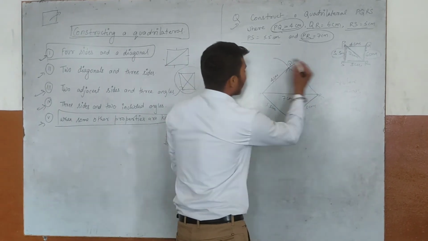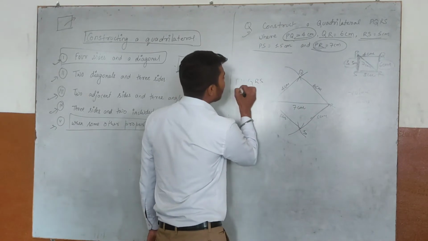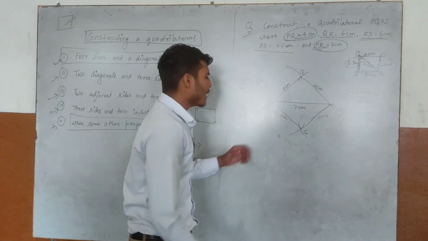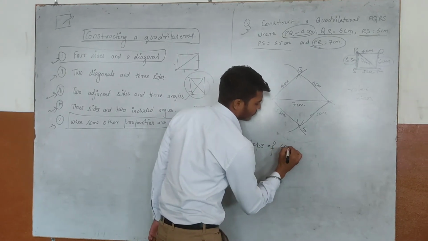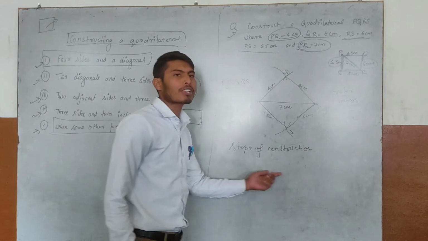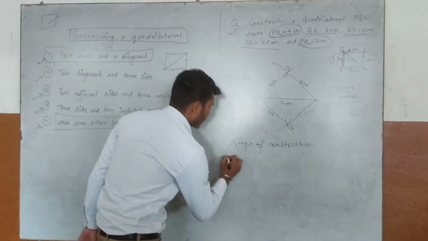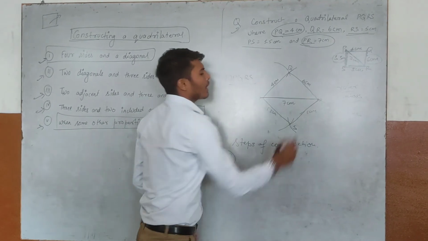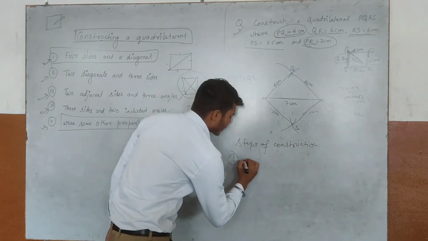And here our quadrilateral PQRS is ready. And simply we have to write the steps of construction, what we have done step by step. First of all, we drew the diagonal PR, so we write that.